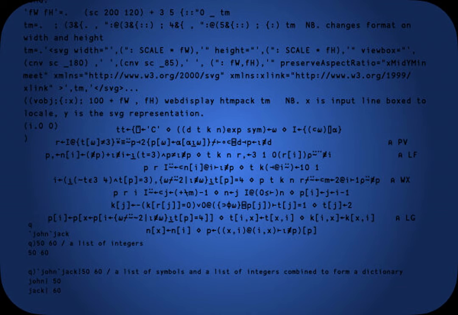Specifically, one of the things that came up really quickly is that I didn't realize that K and Q don't have, and I think this has been mentioned on the episode, I just didn't remember it when someone said it, I don't know what you call them, but true higher dimensional arrays. And because of that, they don't really have a concept of rank the same way that J, APL, and BQN have.